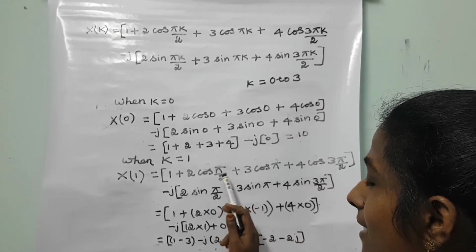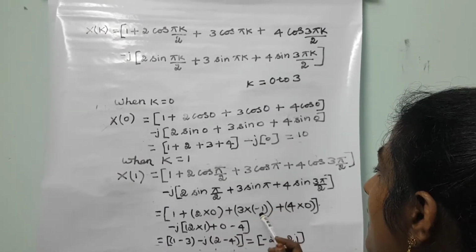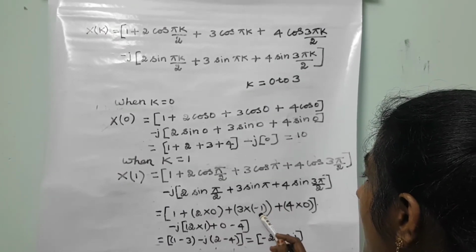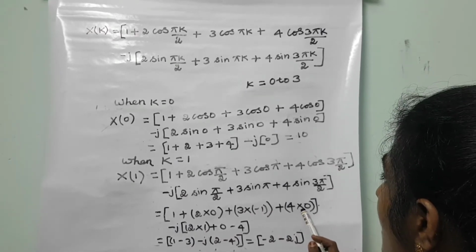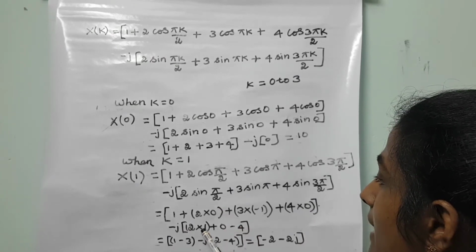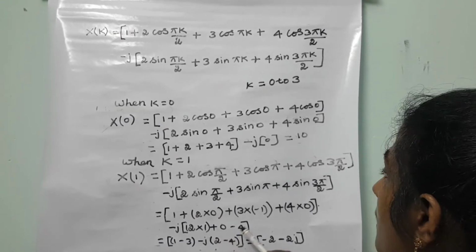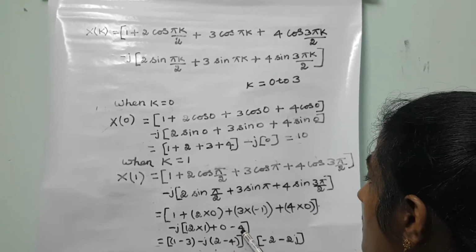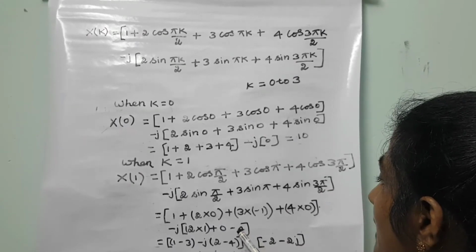Cos 90, that is cos pi by 2 value is 0, so we put here 0. Cos pi value is minus 1, so we put here minus 1. Cos 3 pi by 2 value is 0, we put 0. Sin pi by 2 value is 1, so we put here 1. Sin pi value is 0, so we put here 0. Sin 3 pi by 2 is minus 1, so we put here minus 1.